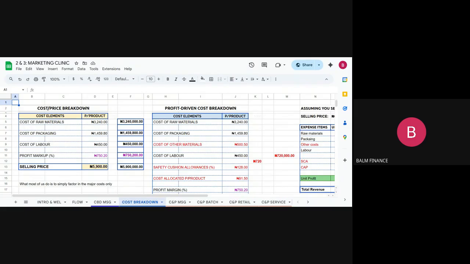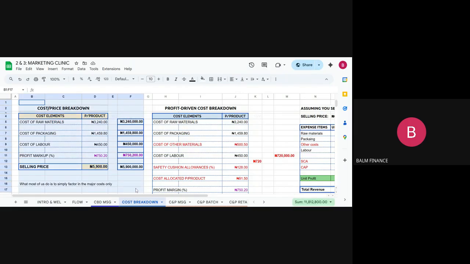So today we have cost price breakdown. We simply want to break down what you should have in the price of your product. But we'll start with what you currently have, or what most business owners currently have, especially when it comes to product. Let me highlight this.